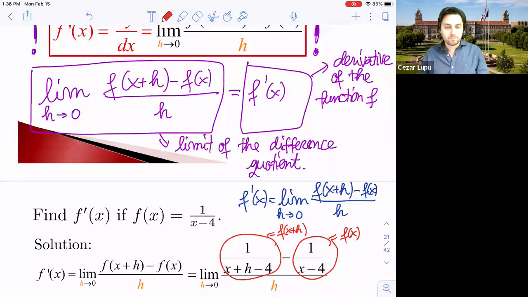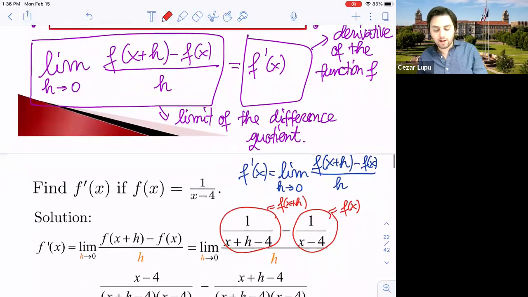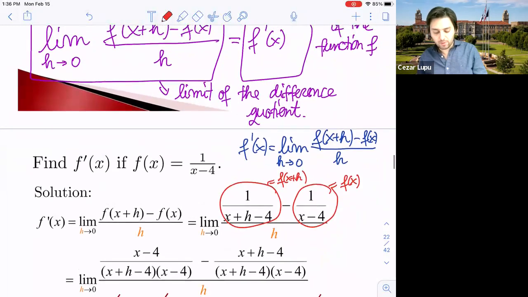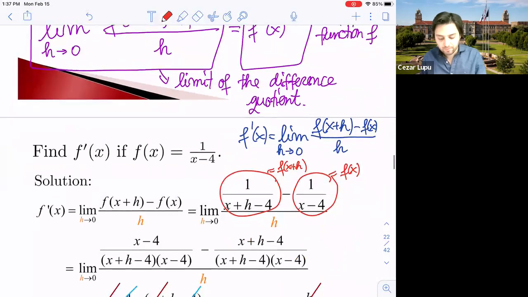So by doing just algebra, we will work on the top. We will have 1 over whatever, the difference. So on the top, by having the same common denominator, we'll have this.